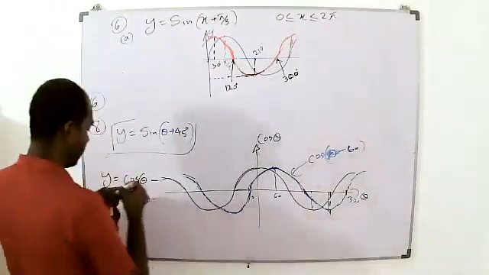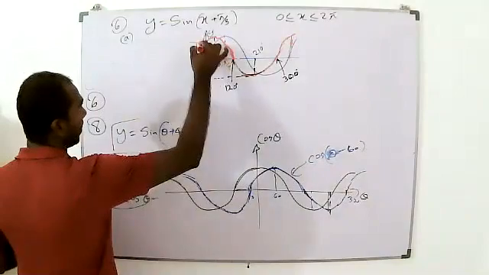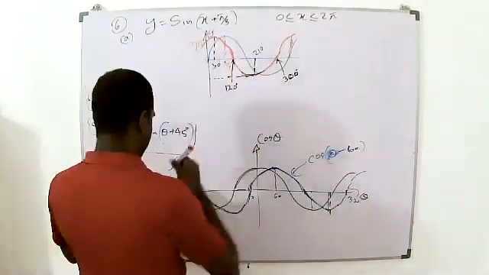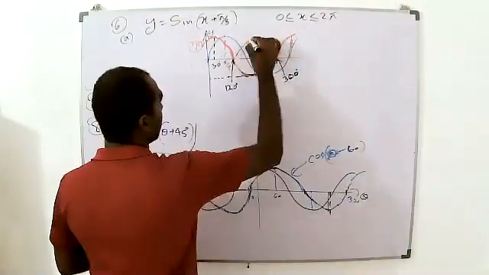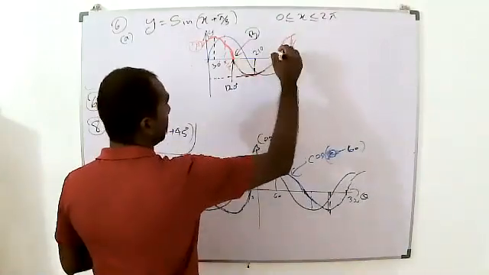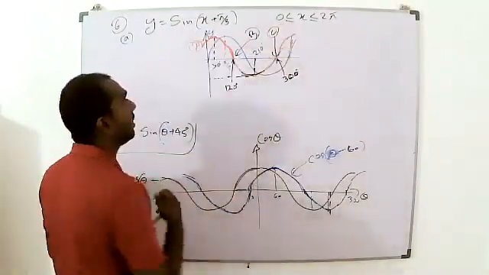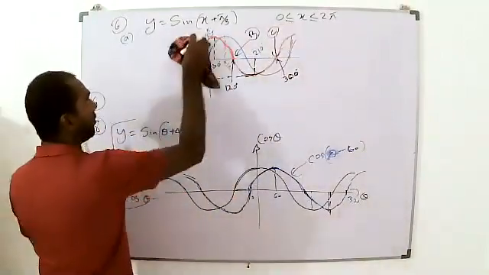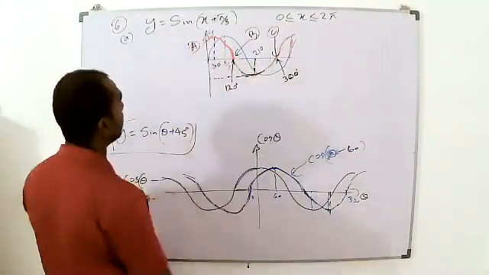This coordinate here, what is the coordinate here? I would name these coordinates A, this is B, and this is C. We have 3 coordinates in the given region where this curve is going to meet the given axis: A, B, and C.